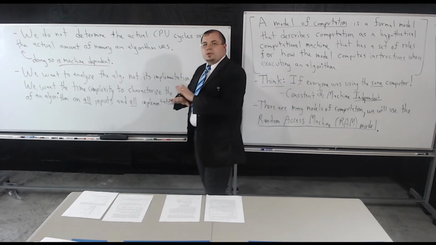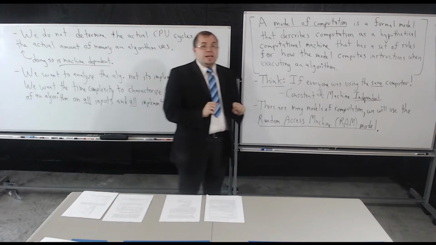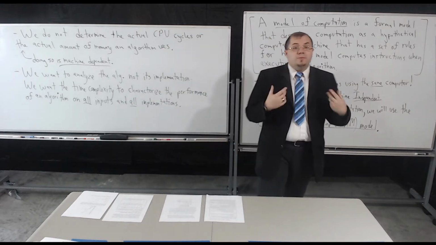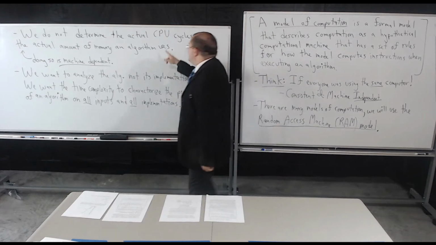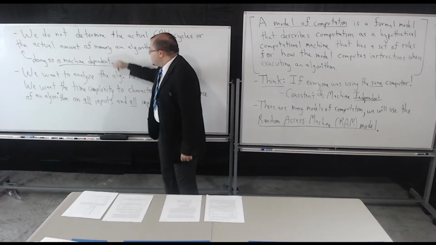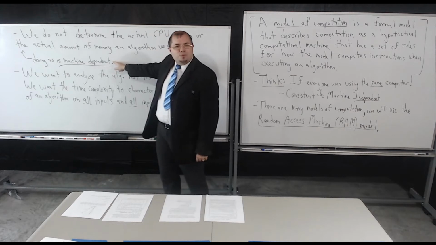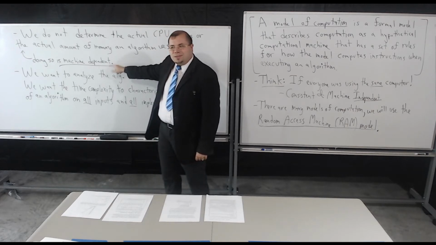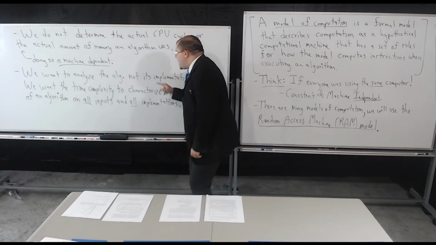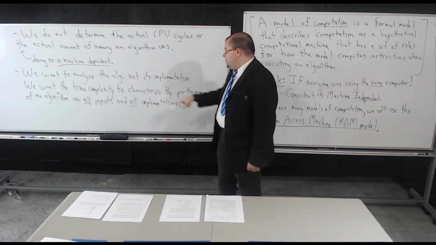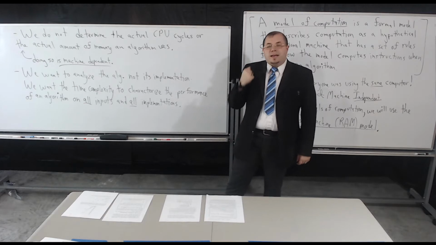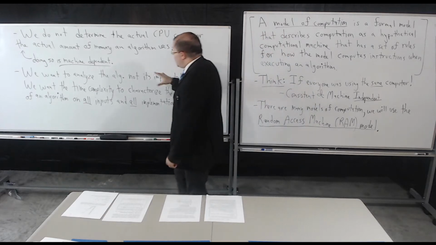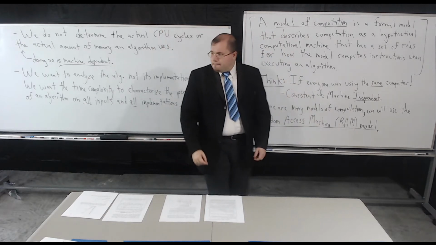I want to keep the computer as broad as I possibly can while capturing and modeling what ultimately I want to compute. So measuring it by CPU cycles and the amount of memory, this is a machine-dependent approach to analyzing an algorithm. Remember, I want to actually analyze the algorithm itself, not the machine's implementation of that algorithm. That's the big distinction I want you to draw from what we're talking about here, okay?